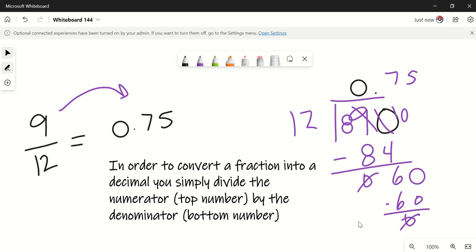And make sure you guys pause and add this to your notes. Again, in order to convert a fraction into a decimal, you simply divide the numerator, which is the top number, by the denominator, or the bottom number.